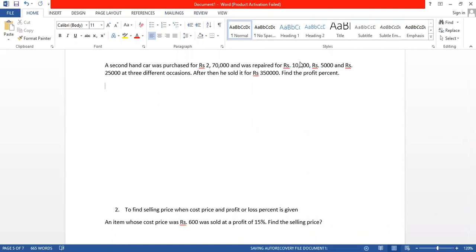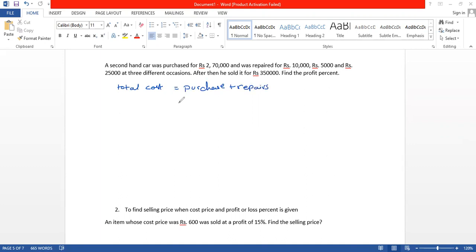Okay, so this one over here says a second-hand car was purchased for 270,000, and was repaired for 10,000, 5,000, and 25,000 on three different occasions. After that, he sold it for 350,000. Find the profit percent. So first you need to calculate your total cost. The total cost would include the purchase price plus all of the repairs that you have done.